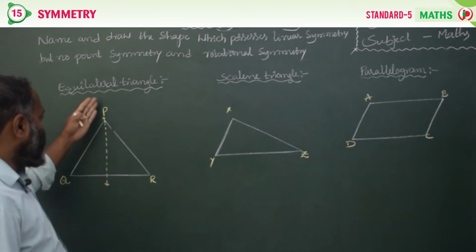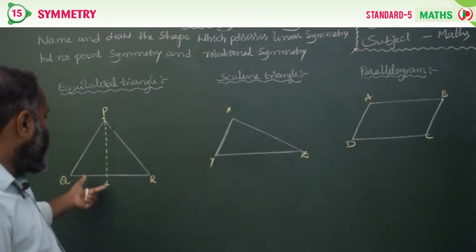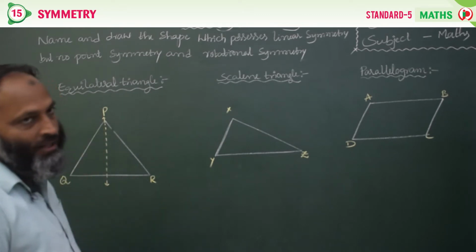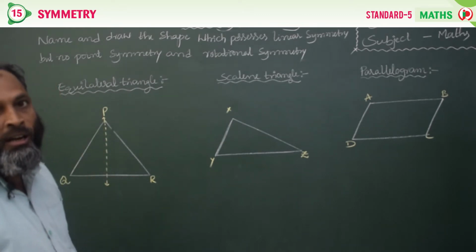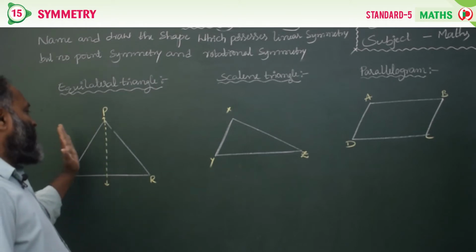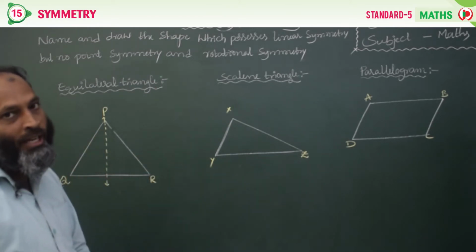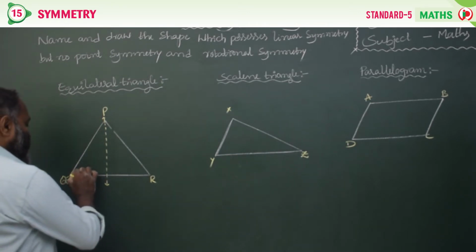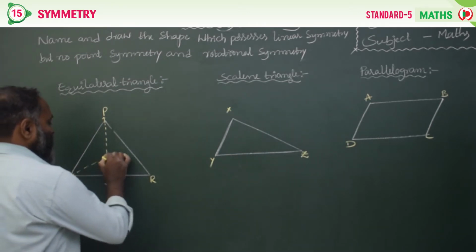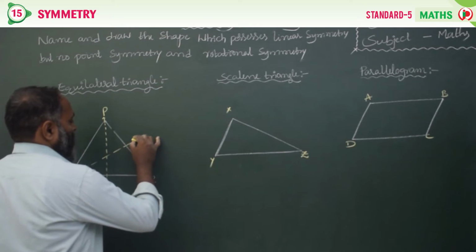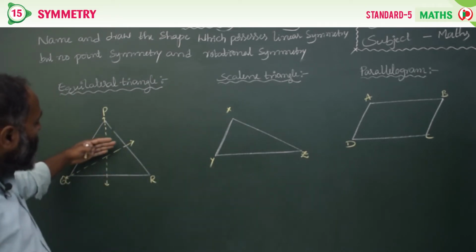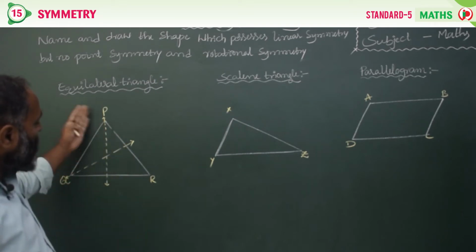When we draw a vertical line from point P to the opposite side QR, that line divides the equilateral triangle into two equal halves, left side and right side, two identical shapes. One more line of symmetry we get from point Q to the opposite side PR, giving two identical shapes.